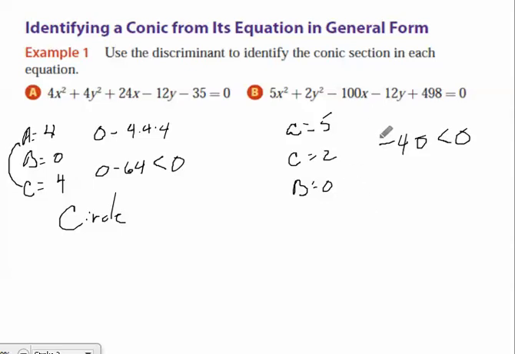How did I get 40? I said 0, B squared, minus 4 times 5 times 2. 4 times 5 is 20, times 2 is 40. So that's negative 40. That's definitely less than 0. It's either an ellipse or a circle. Since A and C are not the same, it is an ellipse. Okay?